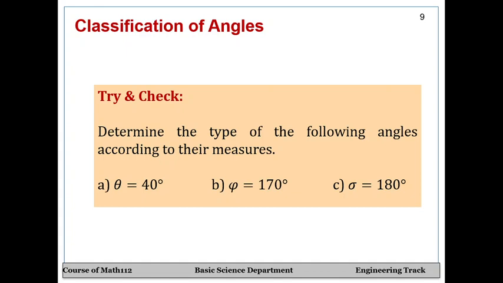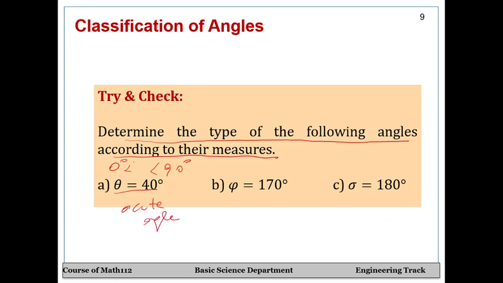Now let's do the classification. Determine the type of the following angles according to their measures. 40 degrees, as you know, is less than 90 degrees and bigger than 0. So we say it is an acute angle.